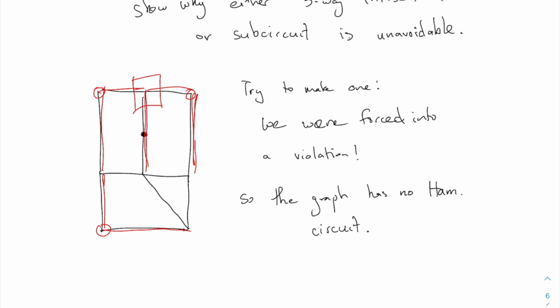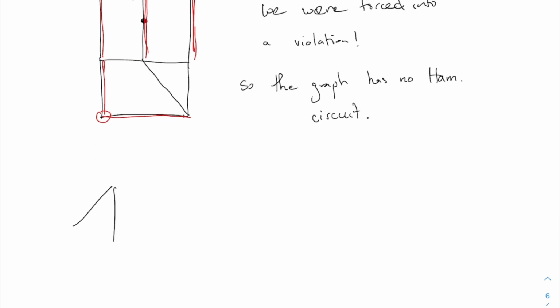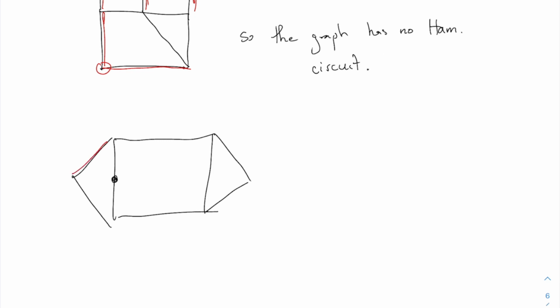And there are some graphs which would force you into a subcircuit. For example, here is one like that. This is just a simple modification of a previous one, but I'm going to put an extra vertex right there. All right, this one, again, start by drawing in the degree 2s. And you will find you have to use that, and this, and also that and that.